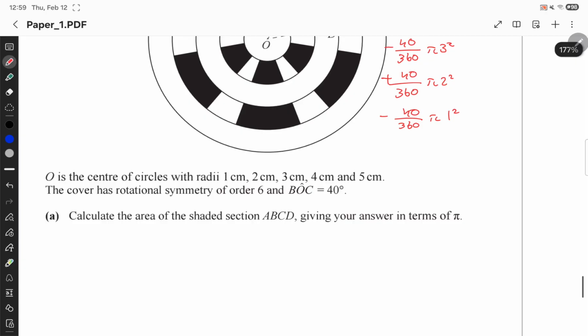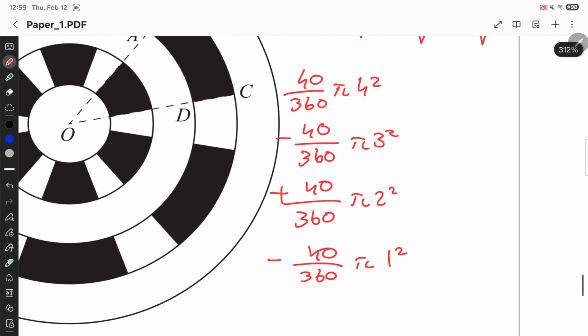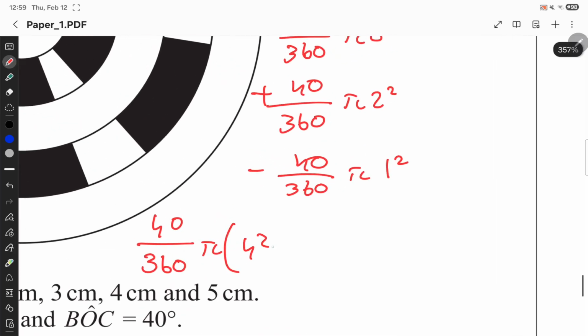Now this is our areas. We need to give it in terms of pi, so we can forgive pi here. The common thing between all 4 terms is 40 over 360 pi. So let's have it be common: 4 squared minus 3 squared plus 2 squared minus 1 squared.